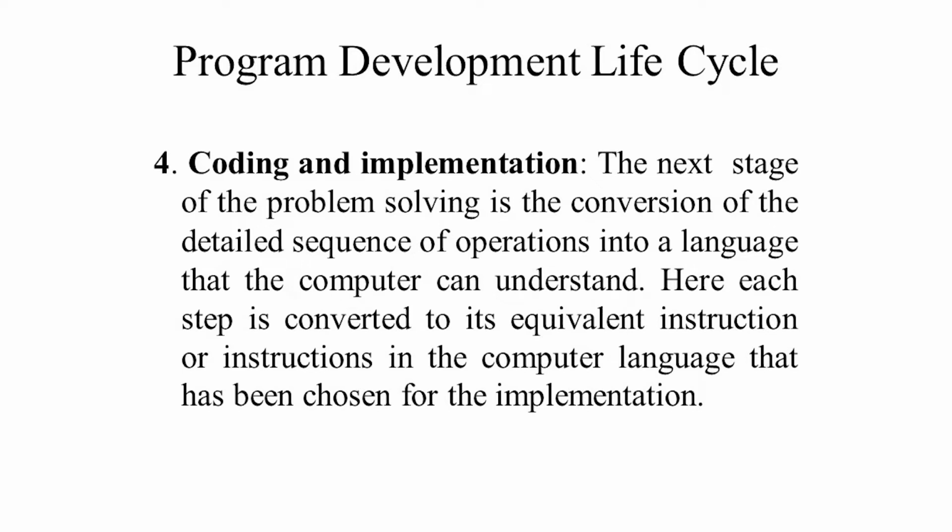Since I'll be briefing you regarding the C programming language, the coding is done using the C programming language. So it is a high level language. Once the algorithm or the flowchart has been developed, I'll be using the C programming language to develop the code or the solution for that particular problem.